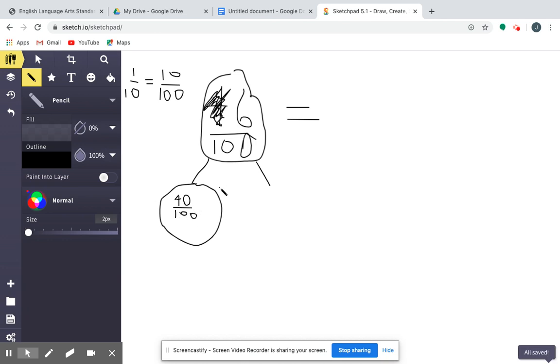So 40/100ths as tenths: we know every 1/10 equals 10/100ths, so we'll have to divide. We divide 100 by 10 and 40 by 10, and that would be 4 tenths. So there were 4 tenths in 46/100ths, and we're done with that.